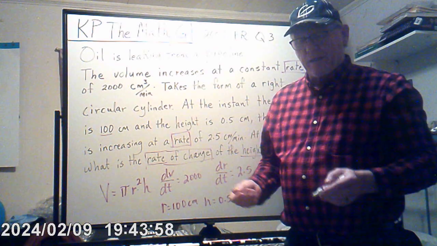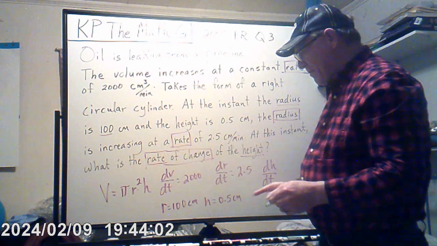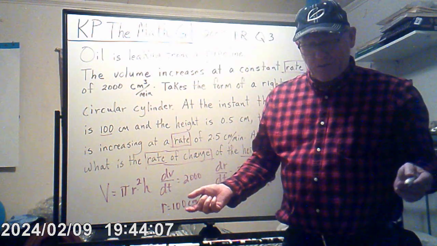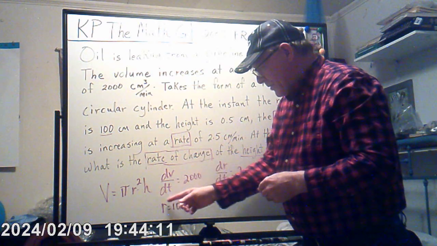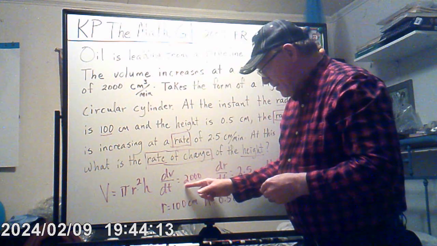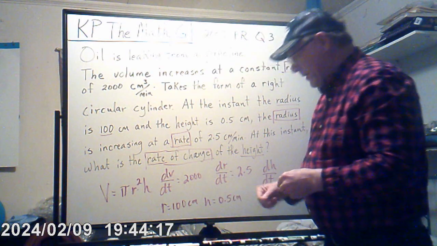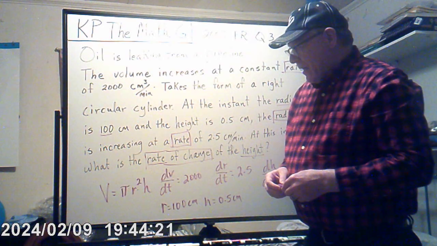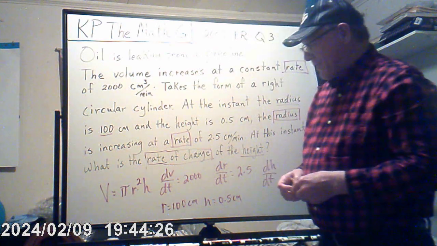We know we have to take the derivative because we need to find dV. Sooner or later, we need to substitute dV dt, dr dt, r and h in for all of this. So that's what we're looking for.